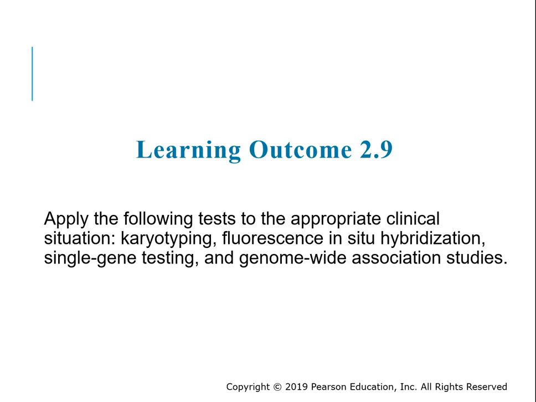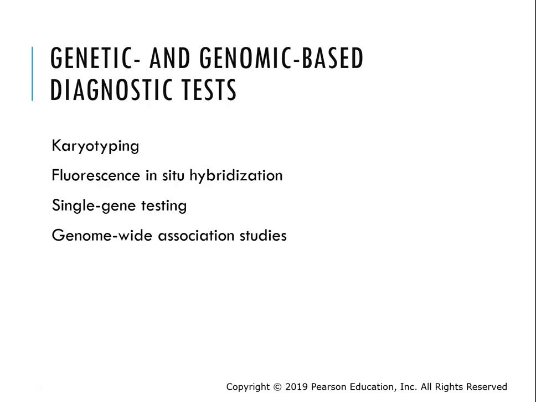The idea is to be aware that there are genetic testing options for patients, and that if you suspect some sort of disease that is genetic in origin, that patient should be referred to a genetic counselor who will go over all of this with them and do some of these tests.